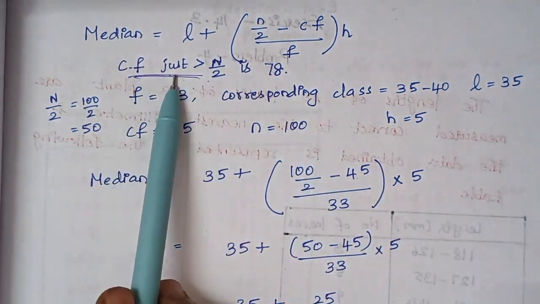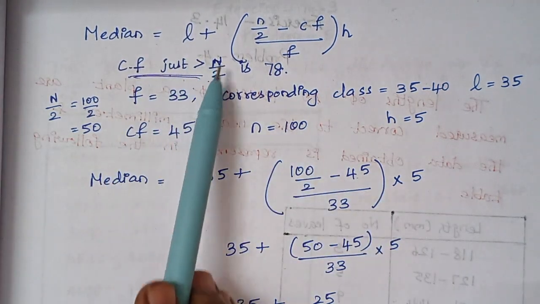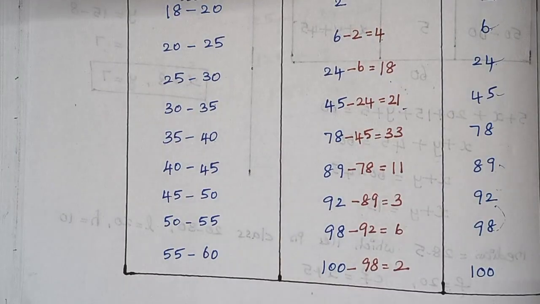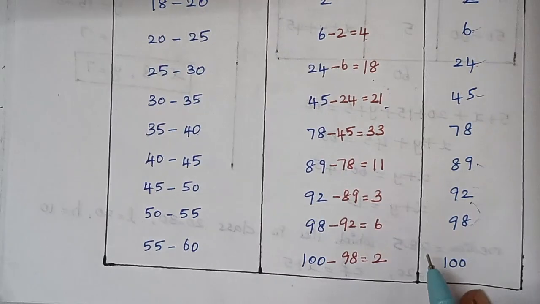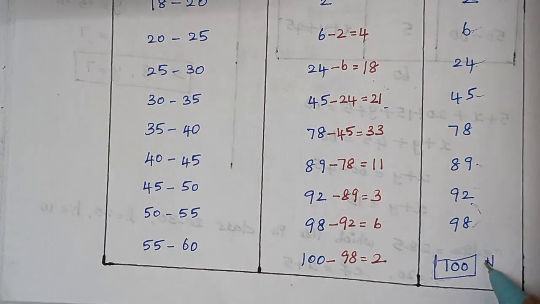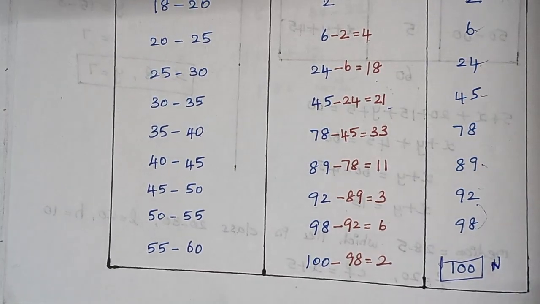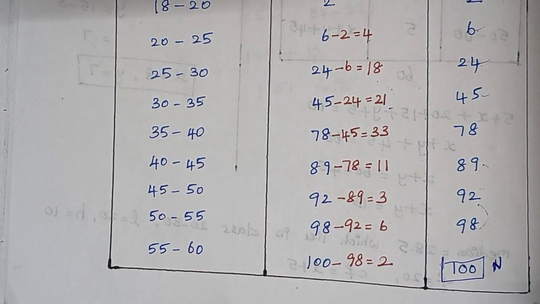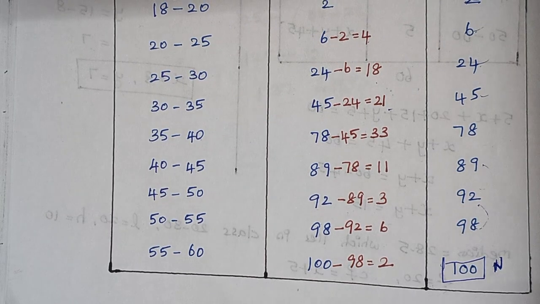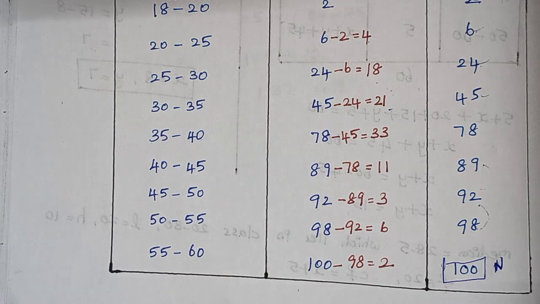Looking back at the table, what is the value of n here? The value of n is 100, so n by 2 is 50.